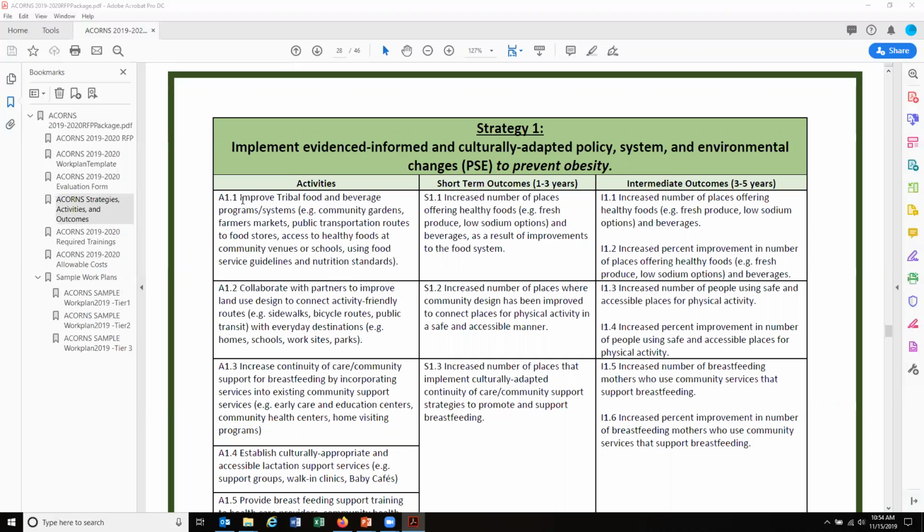So if the activity is improve tribal food and beverage systems, that's a very high level, so very broad activity. So you will actually be identifying in your objectives and your further activities how you're going to be implementing that.